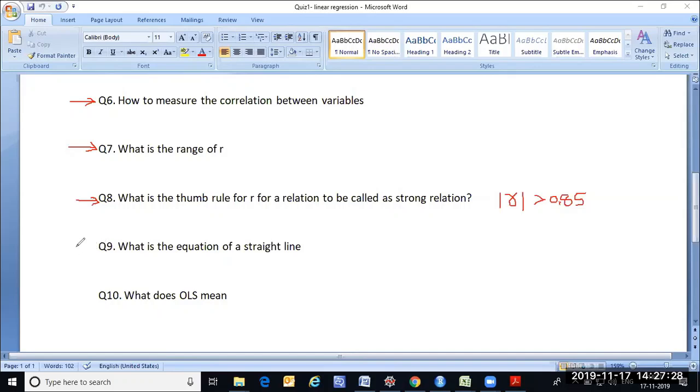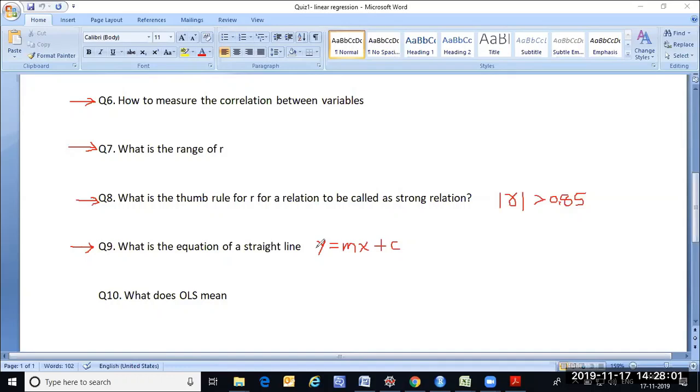What is the equation of a straight line? Y is equal to mx plus c. What is y here? Dependent variable. X, independent variable.